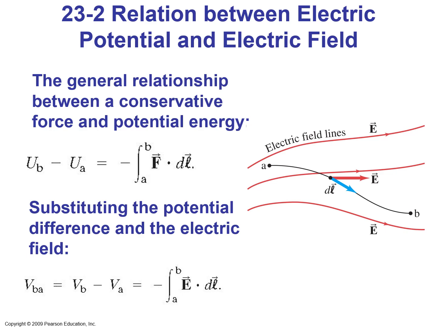to point B. Substituting the potential difference and the electric field, we have V_BA, the electric potential from point B to point A, V_B minus V_A, equal to minus the integral from A to B of the electric field E dotted with dl.